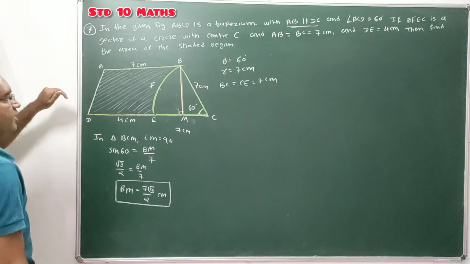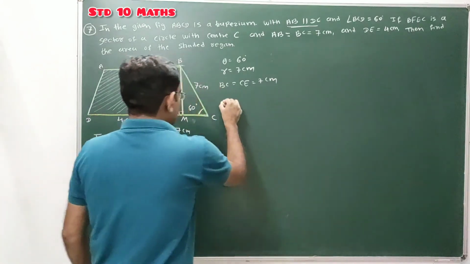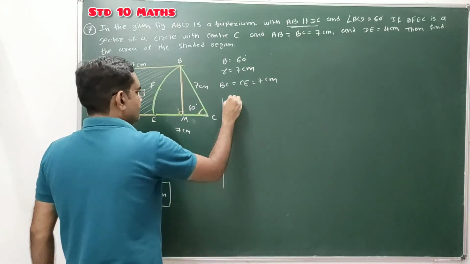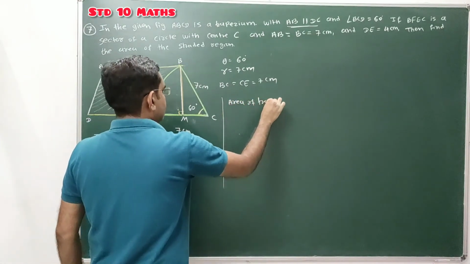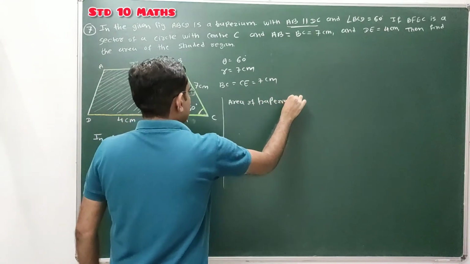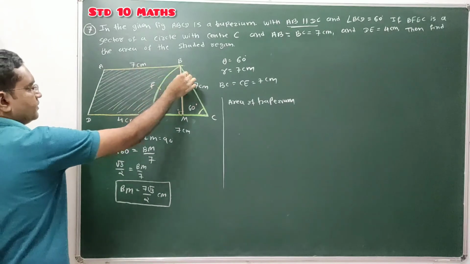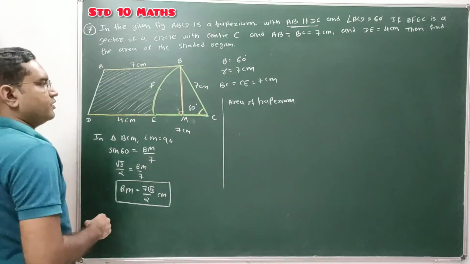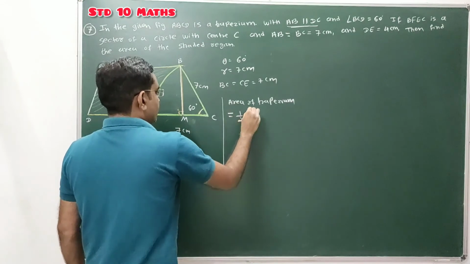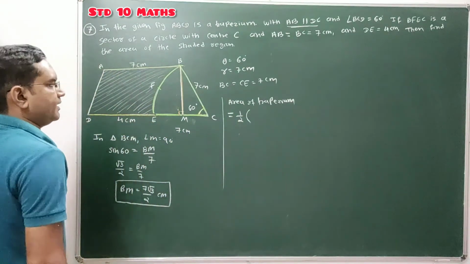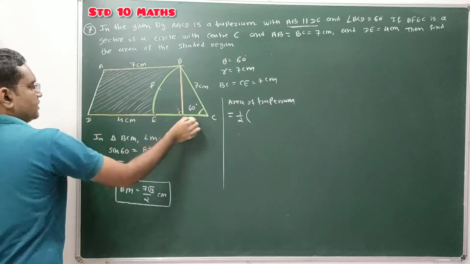So now we can find the area of trapezium. We have to find the area of shaded region, which is nothing but the area of trapezium minus area of this sector. So first we will find the area of trapezium. That is equal to 1 by 2 into sum of lengths of parallel sides. Parallel sides are AB and CD.